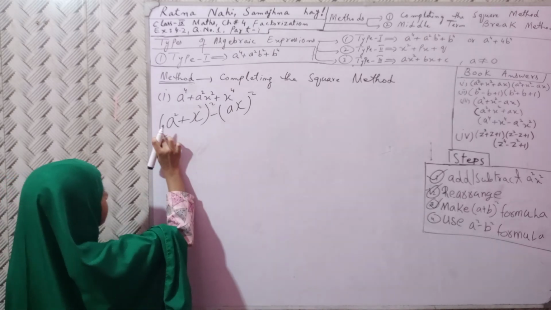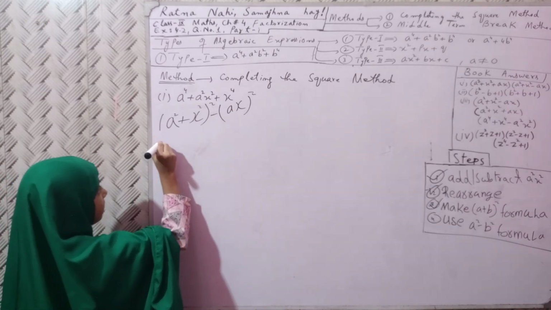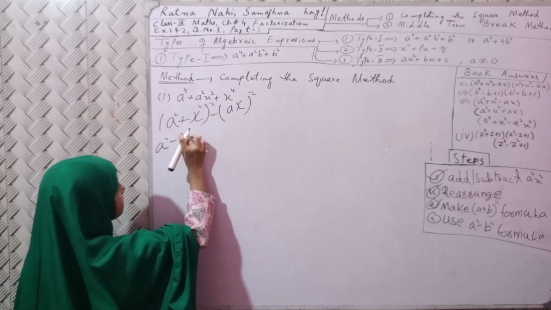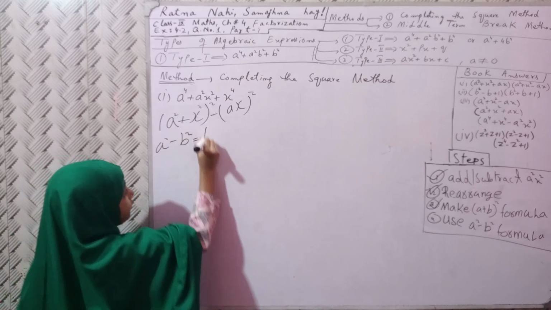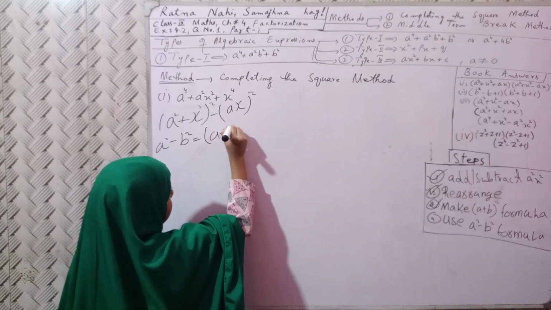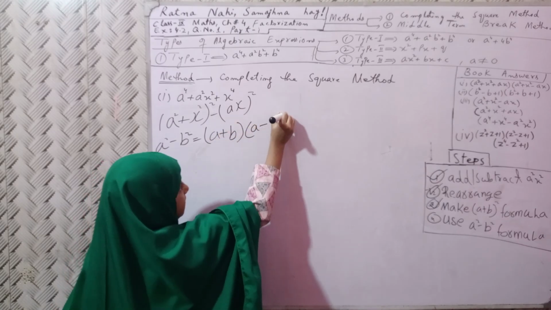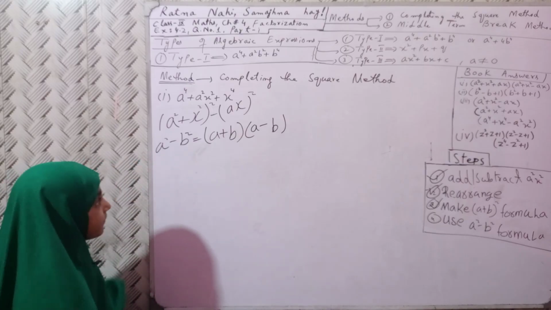So, first of all, a square minus b square is equal to a plus b, a minus b formula.